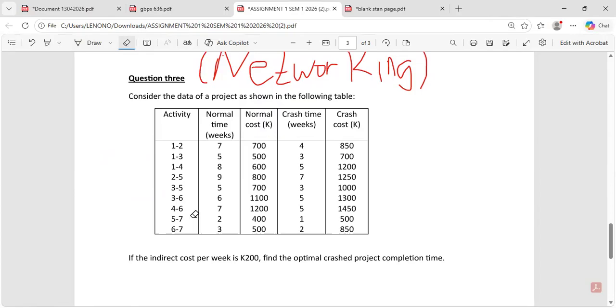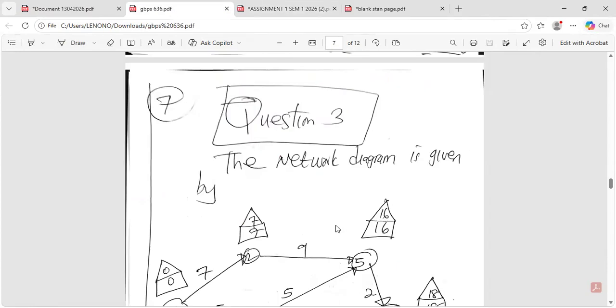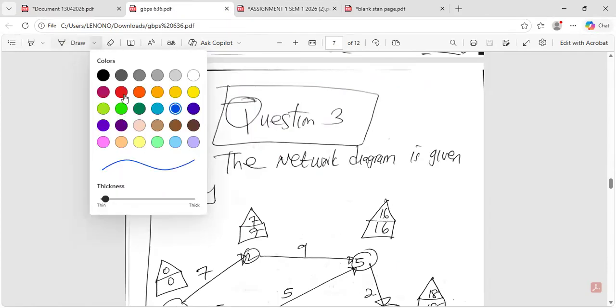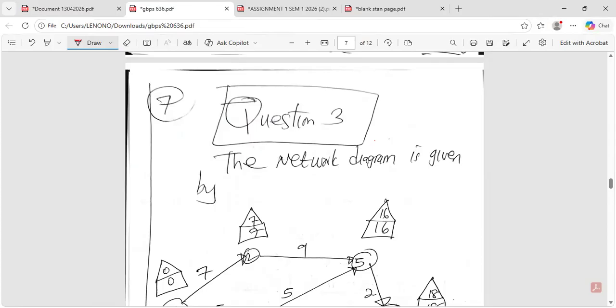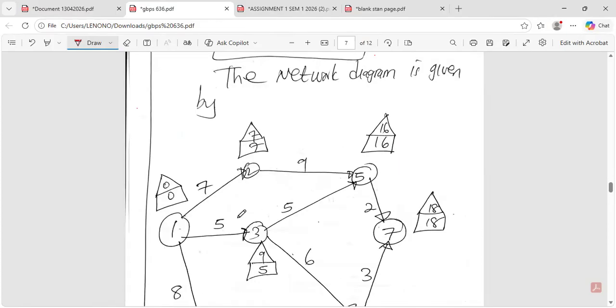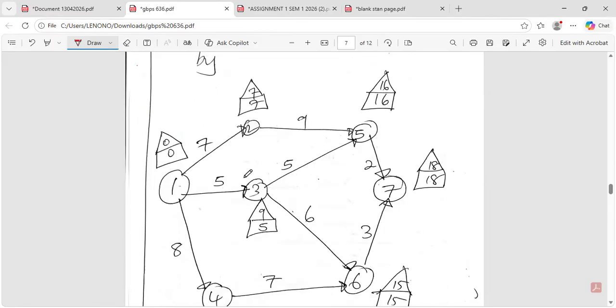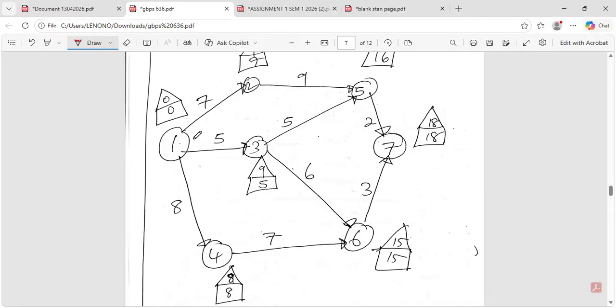First and foremost, we draw the network diagram. The diagram comes this way: 1 to 2, 1 to 3, 1 to 4.